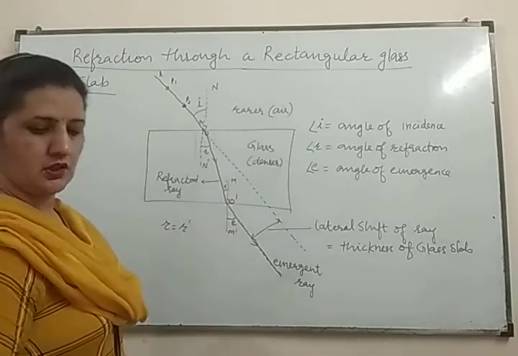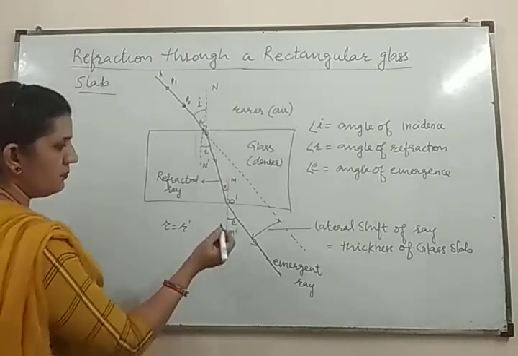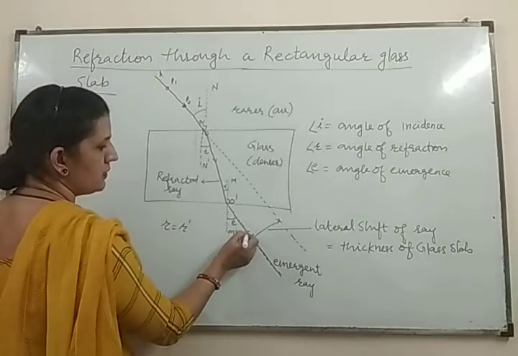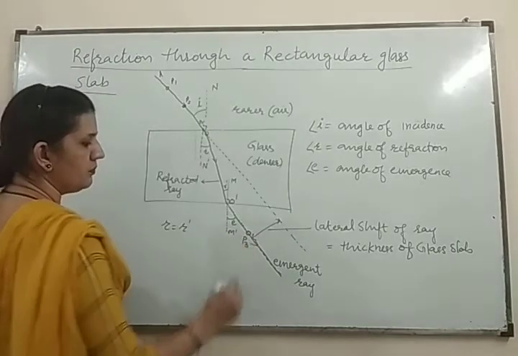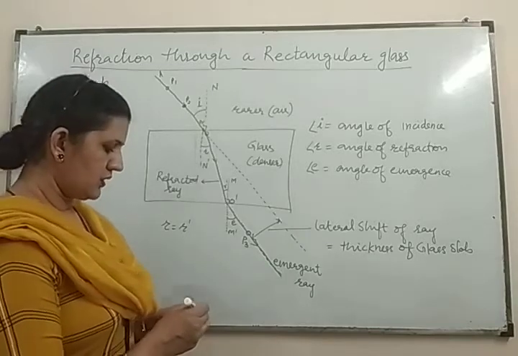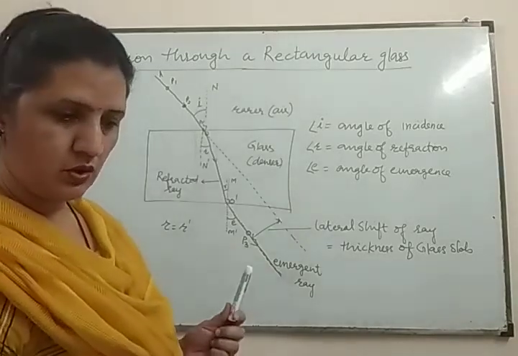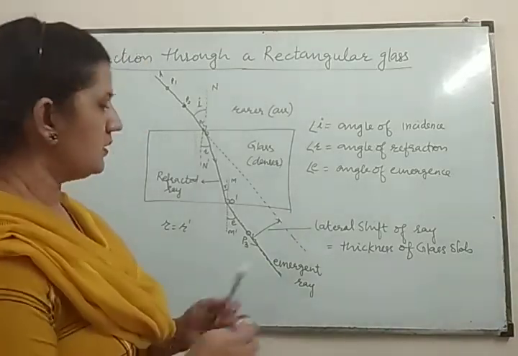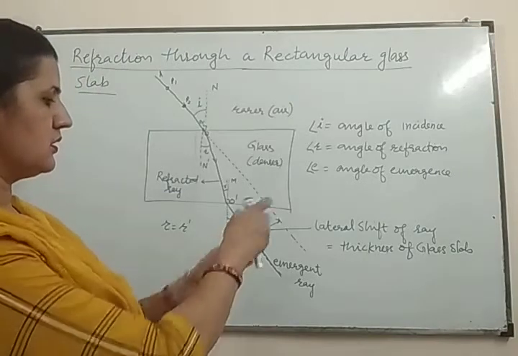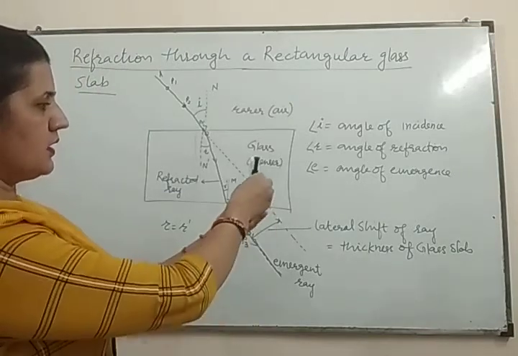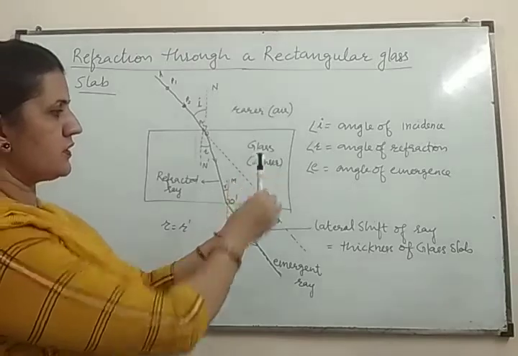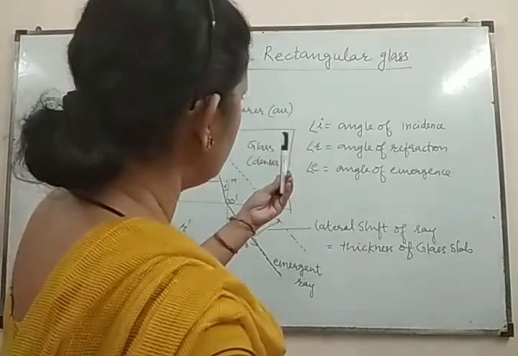This is the condition. And when you find the place, keep the next pin, pin P3, here. Make the arrangement like this: this is the first pin, the second pin is overlapping the first pin, and only one pin is visible to you.